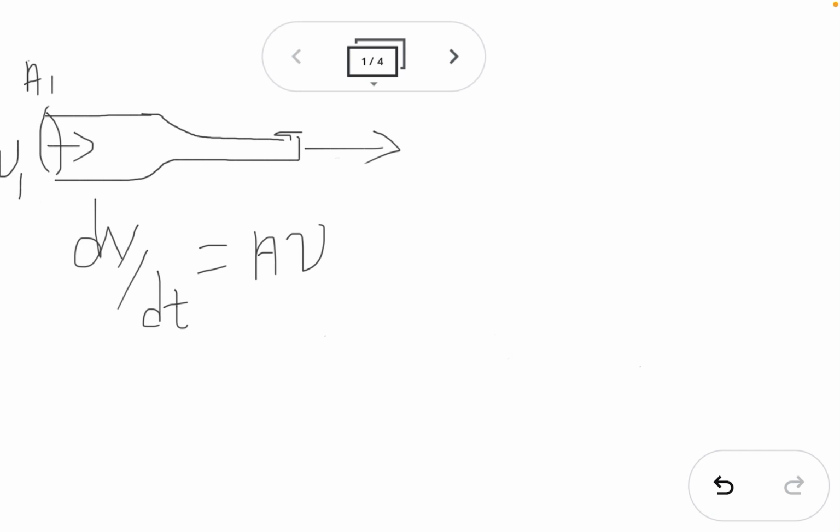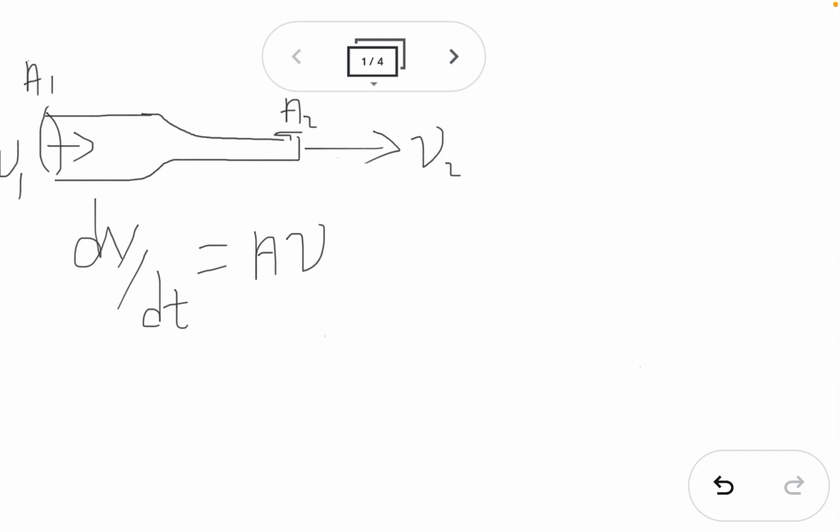Okay, then at point 2 here we have surface area A2 and the fluid moving at a speed of V2. Okay, so if the fluid is incompressible, then we are saying that the volume flow rate at point 1 is equal to the volume flow rate at point 2.